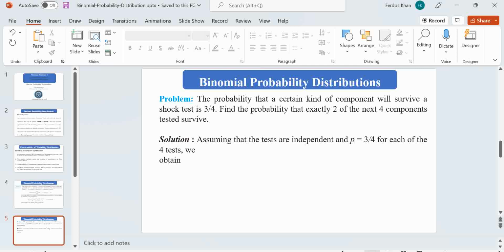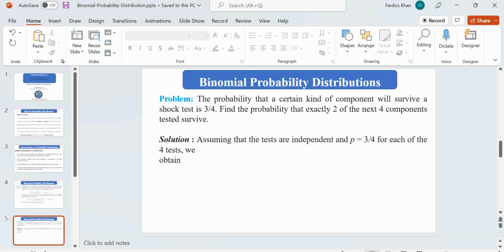The probability, this means that the success is that the component will survive a shock test. So P is the probability of success, that is 3 by 4. And now we need to calculate the probability of exactly 2 of the next 4 components tested to survive.